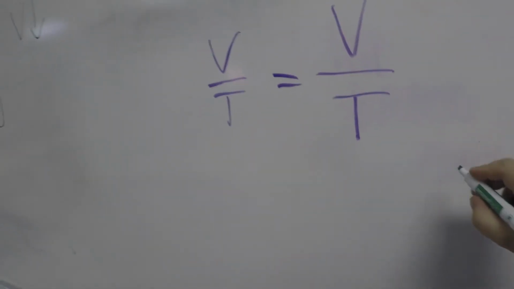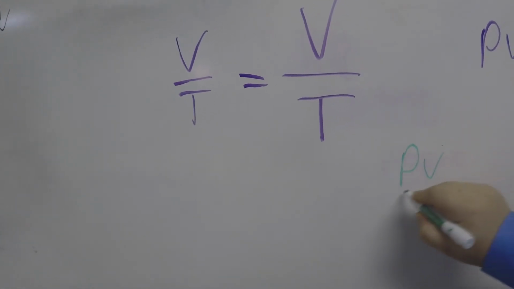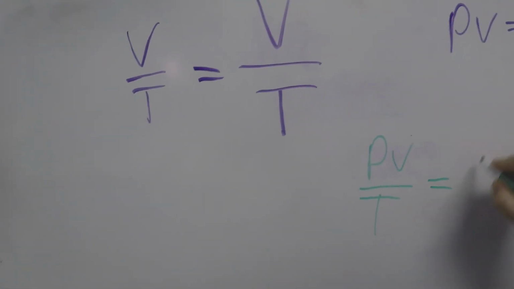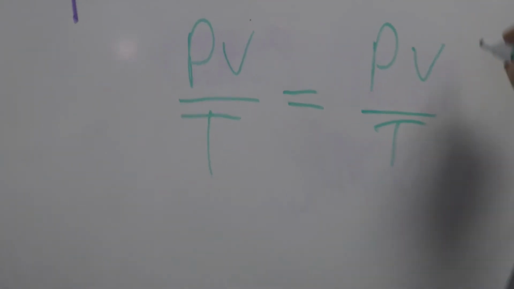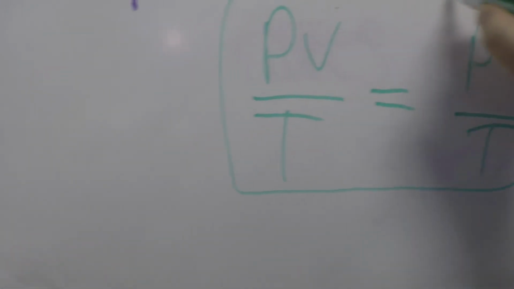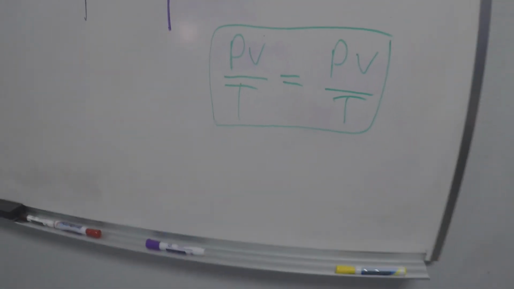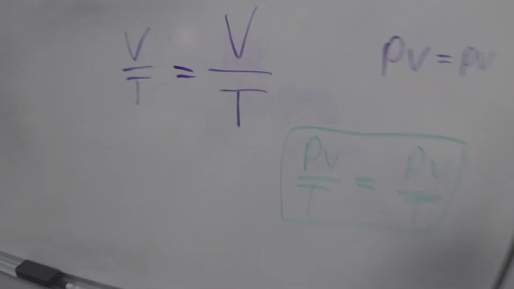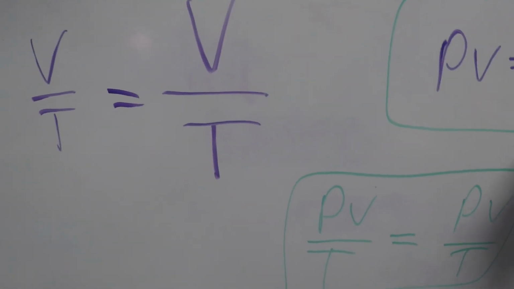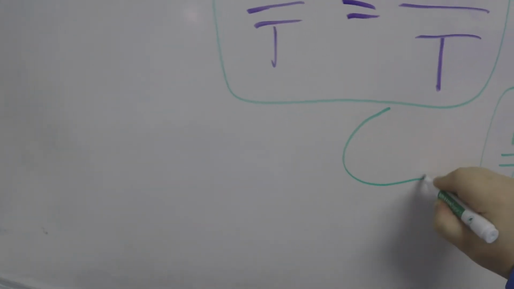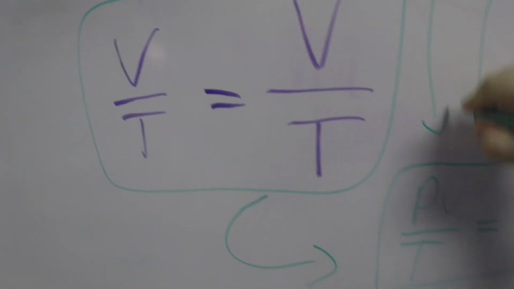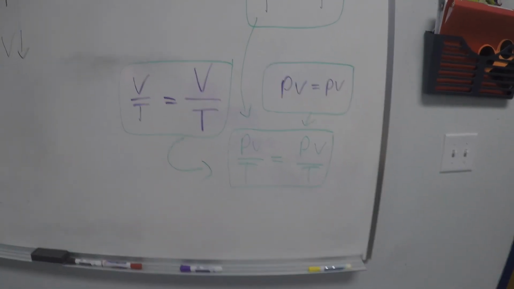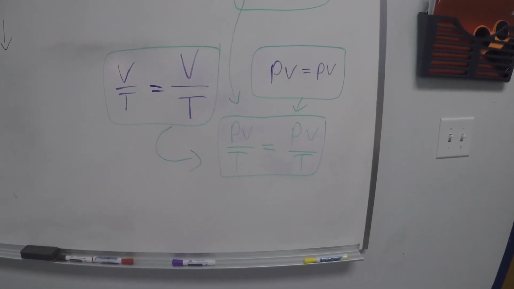So these can all be merged into PV over T is equal to PV over T. That's all three of these merged into one single formula.